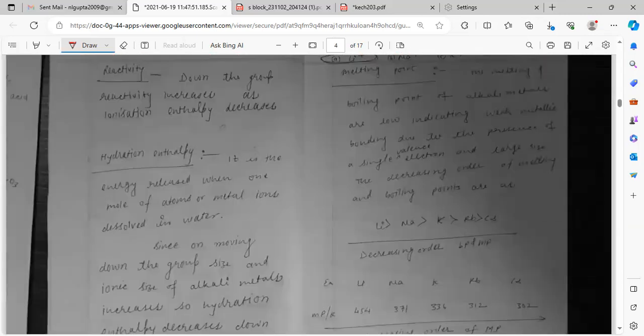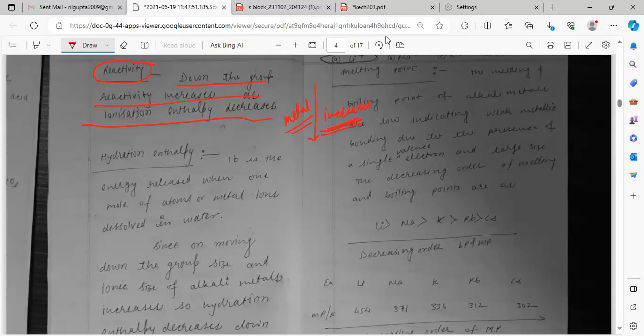Reactivity. Down the group, reactivity increases as ionization enthalpy decreases. In the case of metals, reactivity increases down the group.